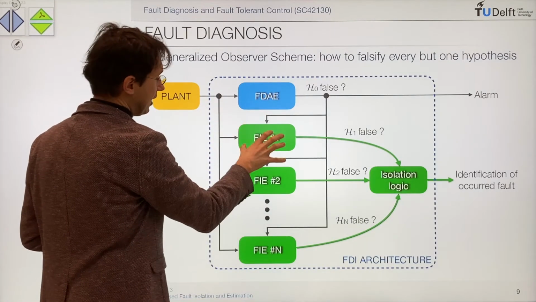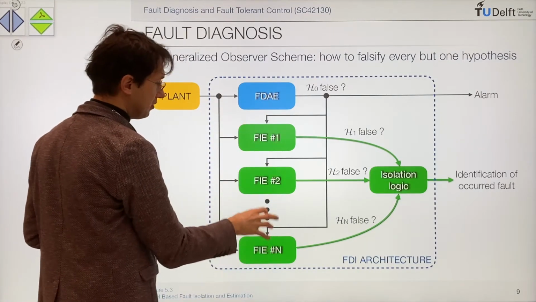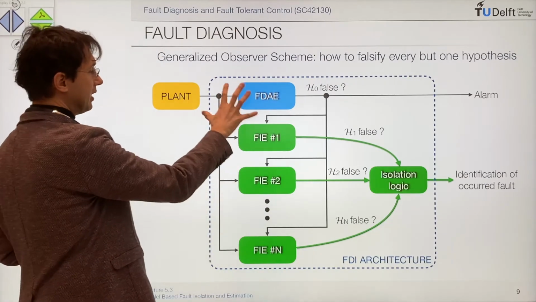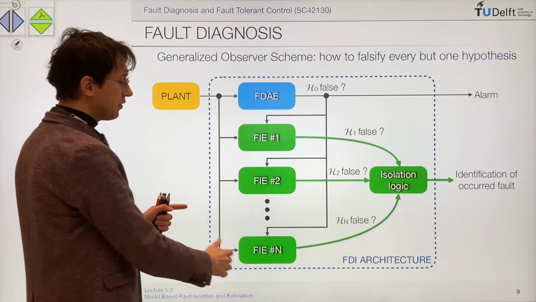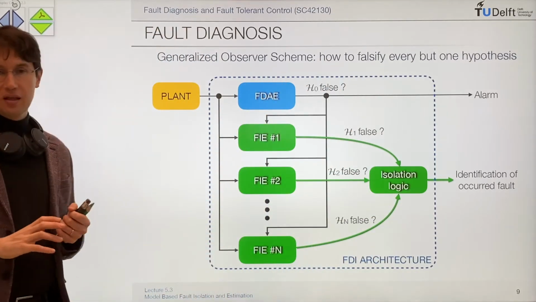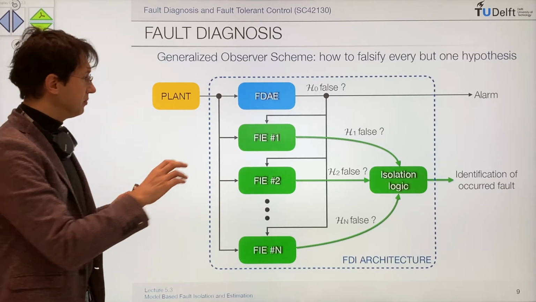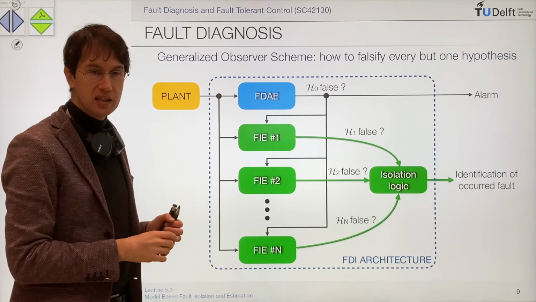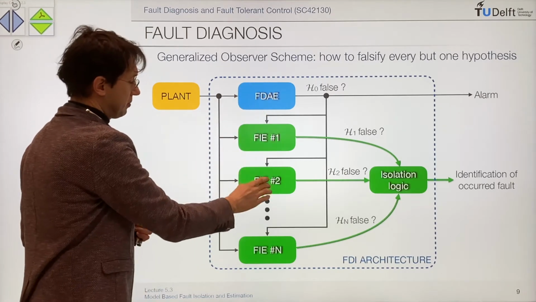We add a number of estimators for isolating the n faults, and we connect them this way in an overall architecture for doing fault diagnosis. So you see that we have the plant, and the observations from the plant are fed to each of these blocks.